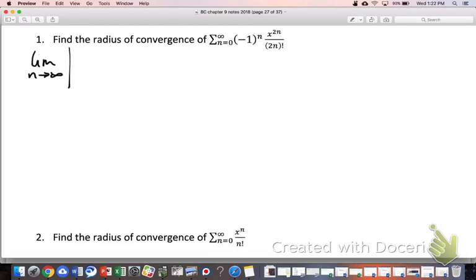And if you remember, the ratio test is essentially the n plus 1th term divided by the nth term. So what I'm going to write is x. Are you guys okay if I distribute the 2 and get x to the 2n plus 2? And then down here it would be 2n plus 2 factorial. Is that too much arithmetic skipping? Tell me if it is. I'm basically replacing all the n's with n plus 1s.